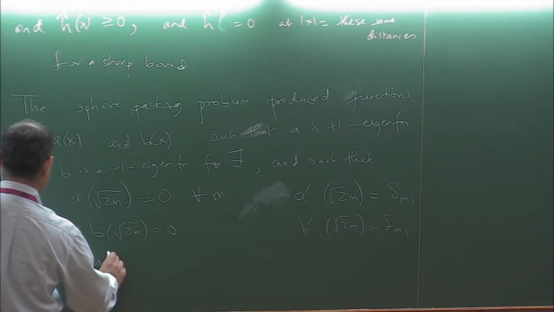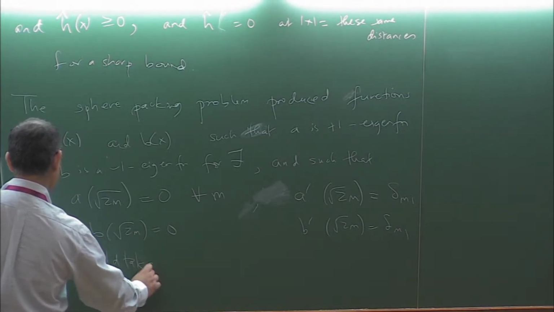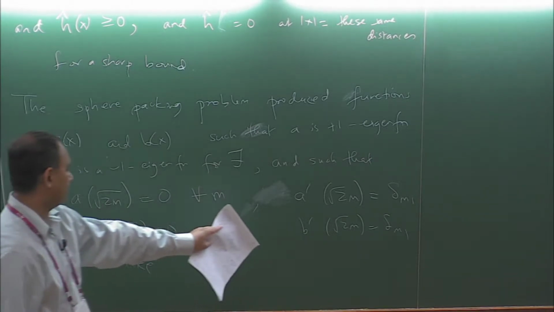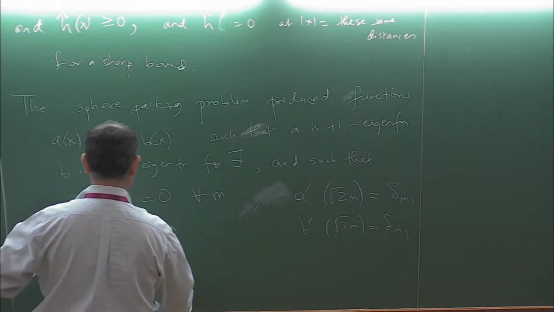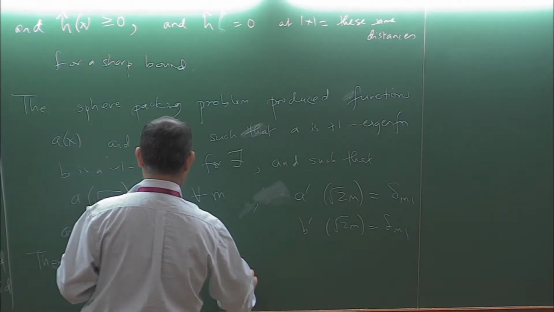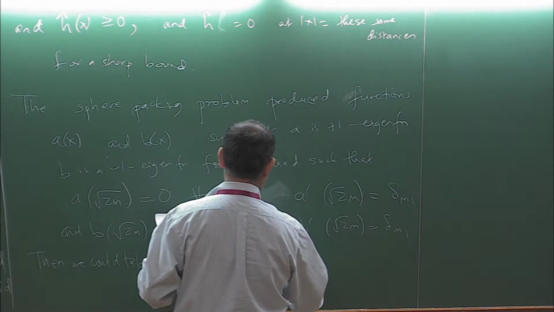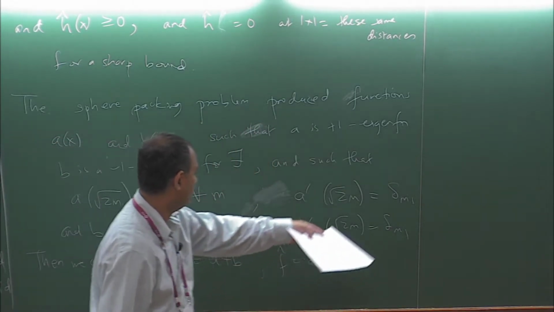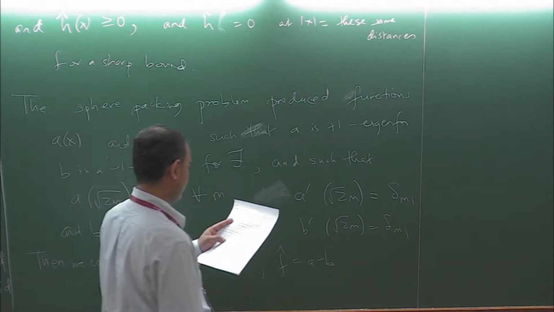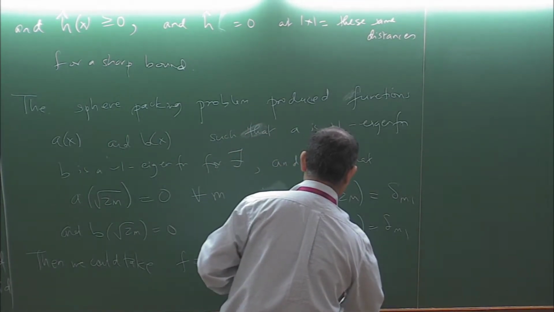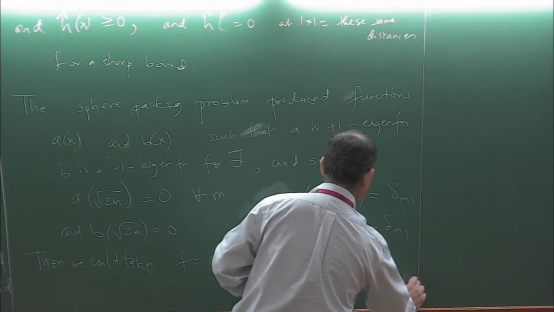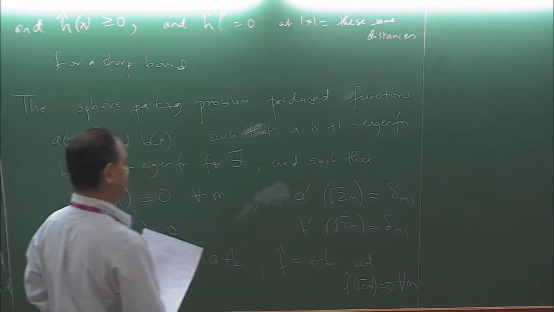Then we could take, so remember the Fourier transform has to actually have a double 0, not just a single 0. So you need to take a linear combination. So you take f equals, let's say, A plus B, and f hat would be A minus B because of the Fourier transform. And you see that f hat has double zeros everywhere. So f hat at the square root of 2m is 0 for all m.